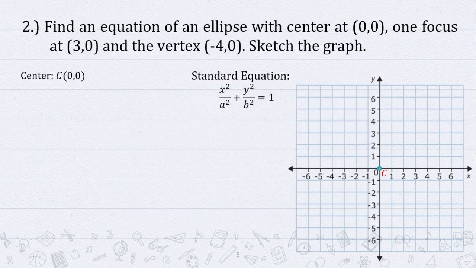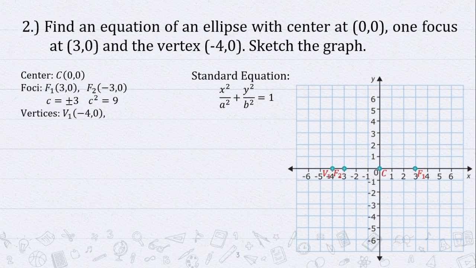Now, since the center is the midpoint of the foci, the vertices, and the covertices, if one focus is at (3, 0), automatically the other focus is at (-3, 0). Each of our foci is 3 units away from the center. Therefore, our c here is positive or negative 3, which means that our c squared is equal to 9.